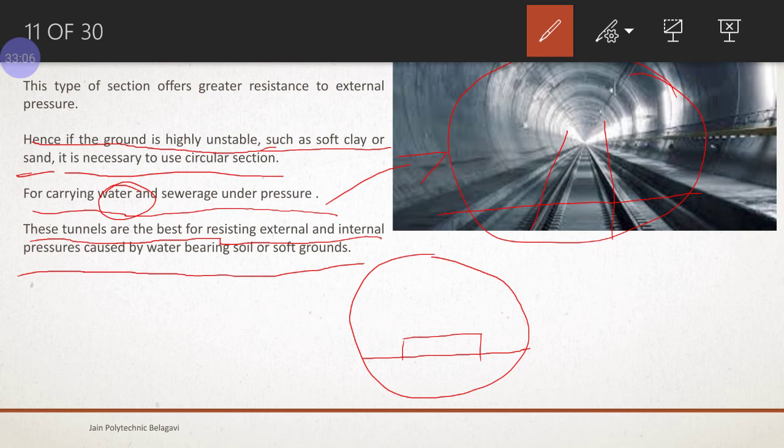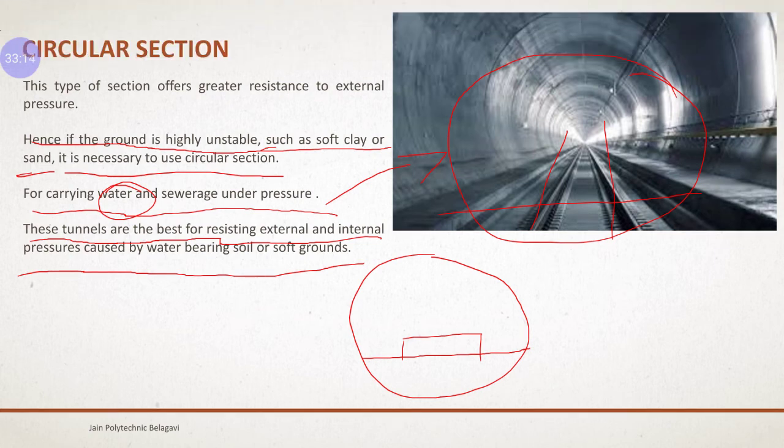They are for the passage of water or sewage from one point to another. So what you have to keep in mind is for which purpose this section is used. That is for water and sewage flow, in highly unstable soil, that is soft soil and water bearing soils, and this is a perfect tunnel section for resisting external and internal loading.